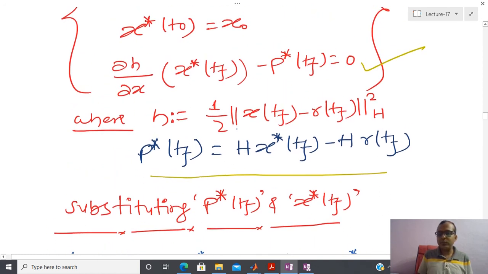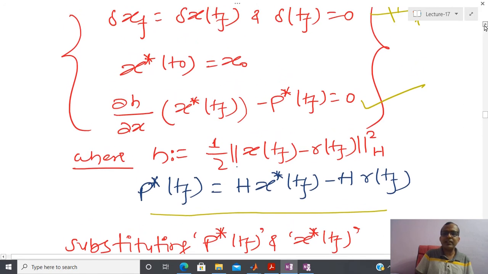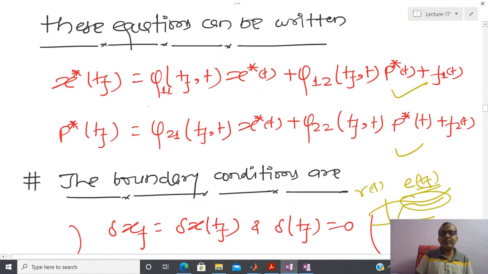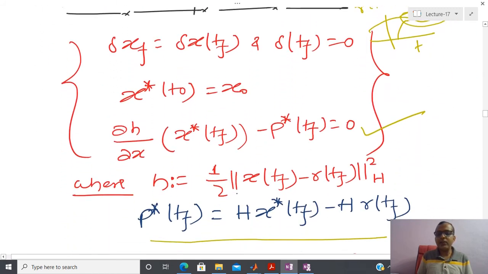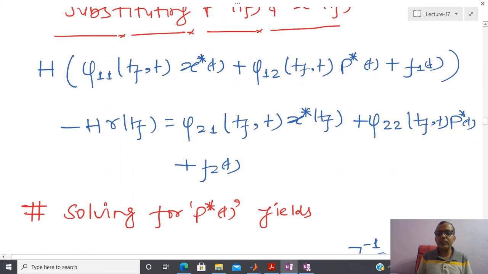Now once I know the relation between x(tf) and p star(tf), I am going to substitute these two quantities from the above equation, because there I know the expressions of x(tf) and p star(tf). Once you substitute, you will get this kind of expression.